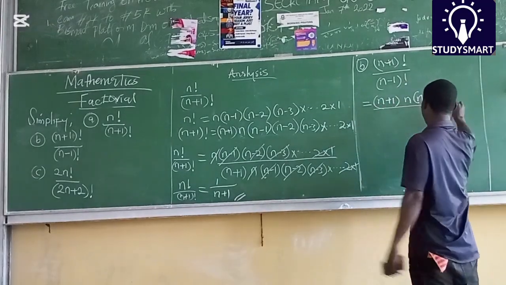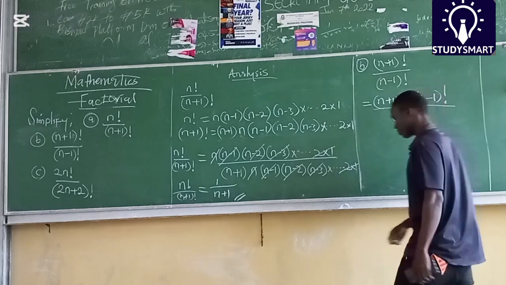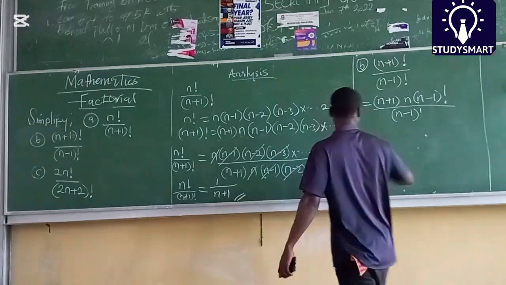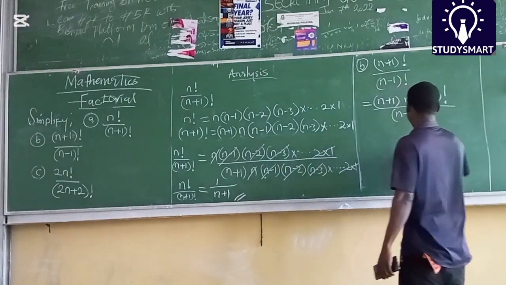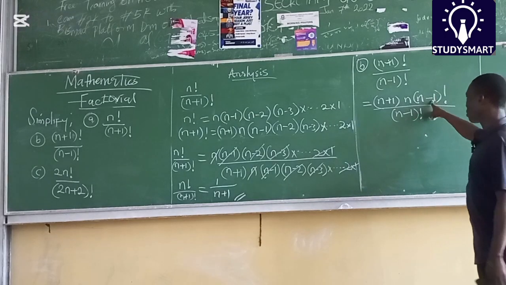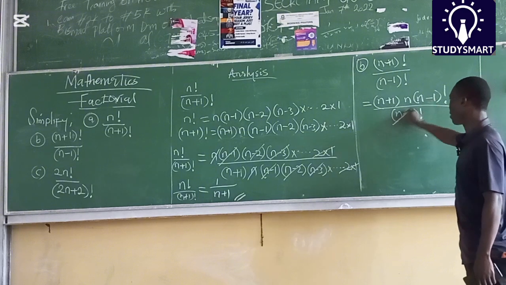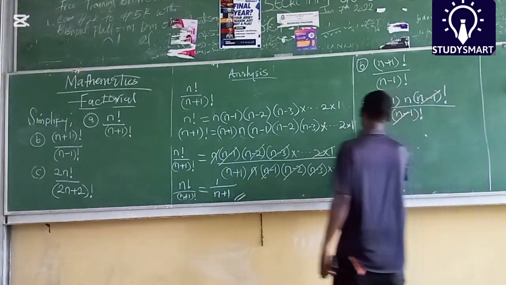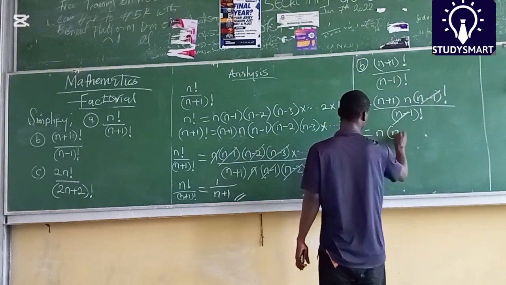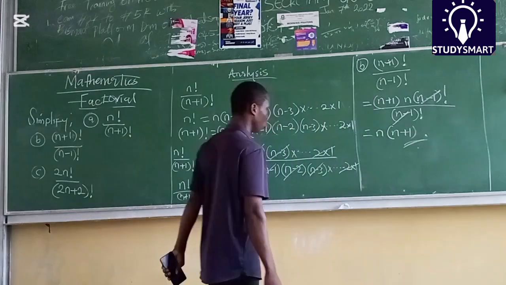So I will have over n minus 1 factorial. You check very well, n minus 1 factorial can cancel n minus 1 factorial. So I'm left with n into n plus 1. So that becomes the solution to the problem.